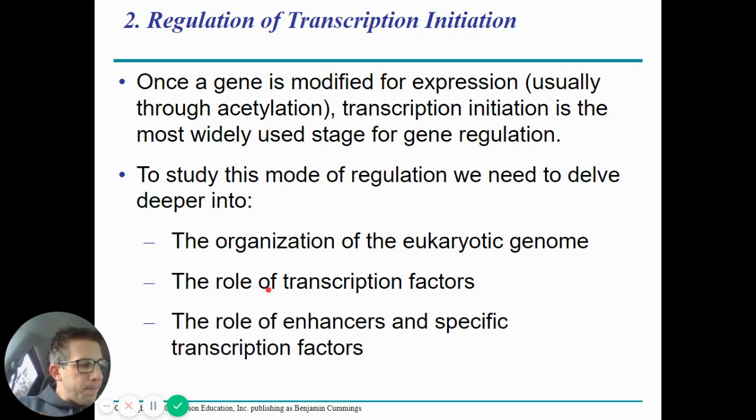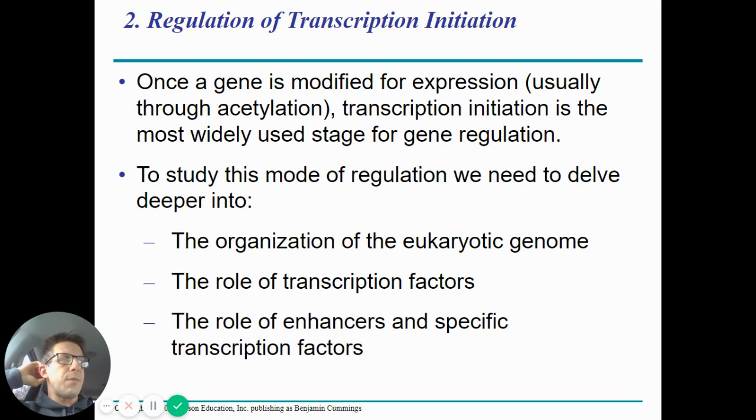I'm going to read the top bullet point word for word. It says, once a gene is modified for expression, meaning if you look at a gene and you've modified it for expression, you're opening it up, okay? Usually through acetylation. Transcription initiation is the most widely used stage for gene regulation, okay?